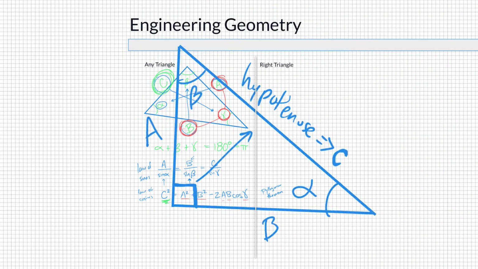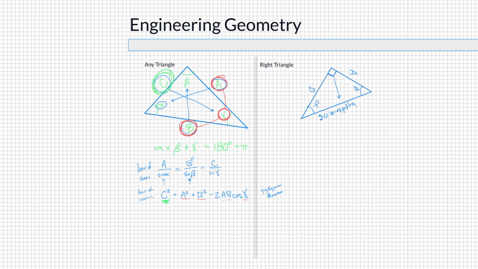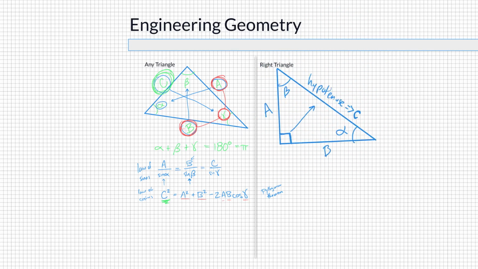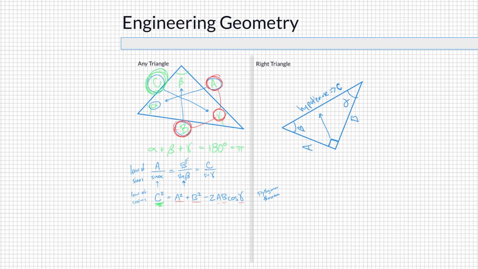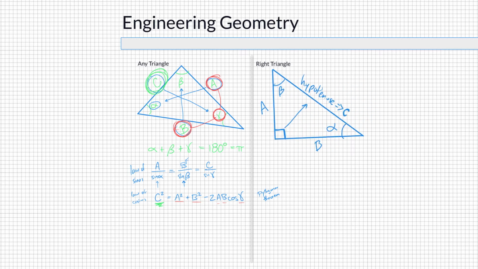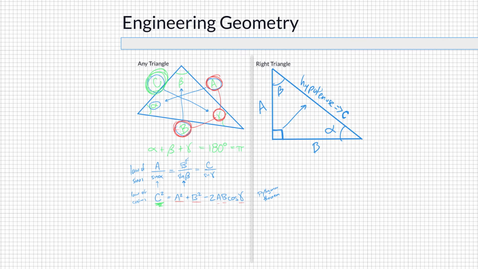No matter how I move it or shake it, the ratio of A to B remains the same. The ratio of the hypotenuse to A always remains the same.